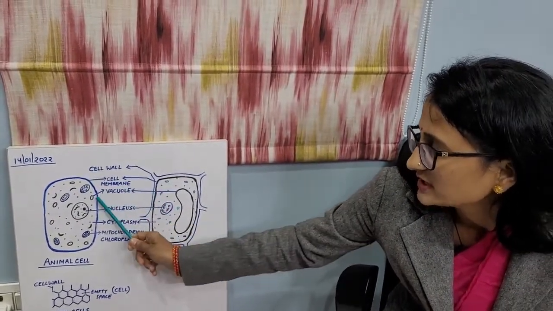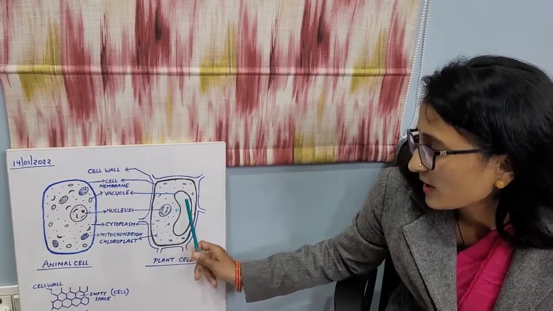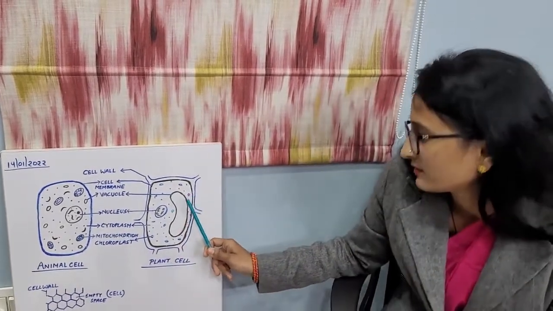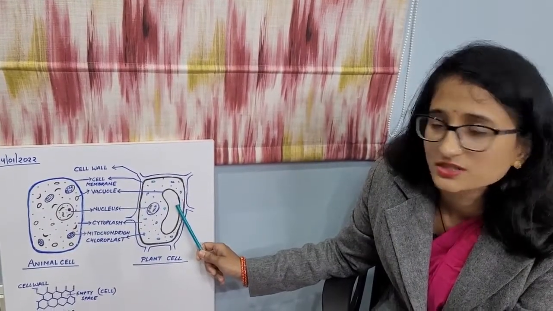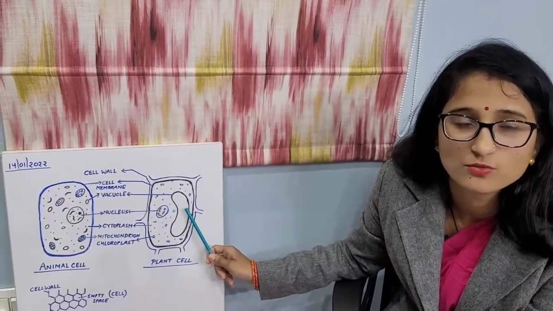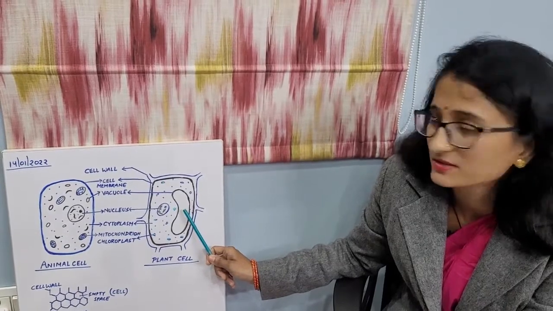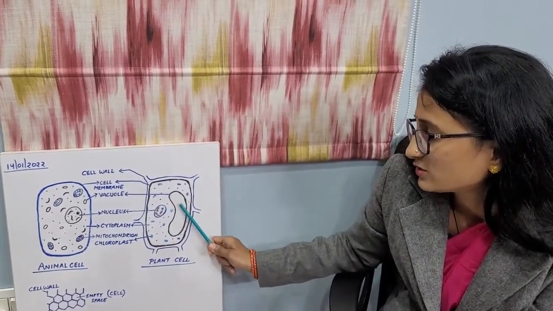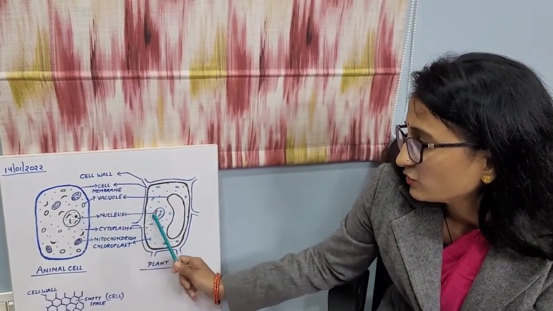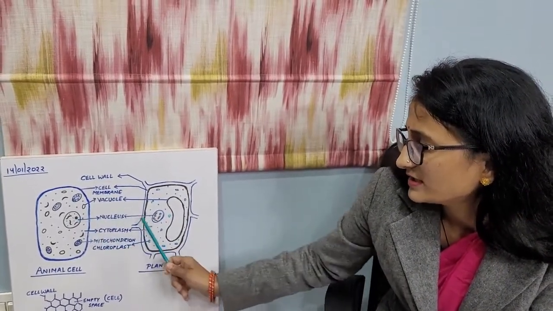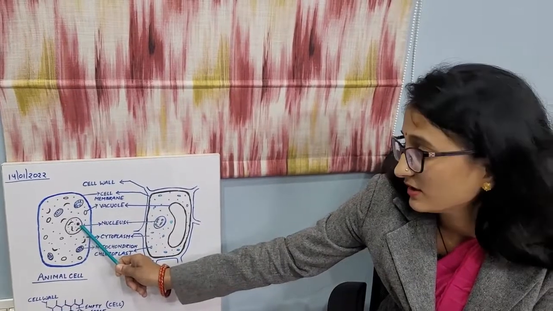Fine. And these are the vacuoles. Plant cell has a large vacuole because they have to store food and water. They cannot move. Plant cell cannot move like us or animals. They have to store water and food. They have a large vacuole. Nucleus. Both cells have a nucleus, and inside the nucleus, the nucleolus is there.